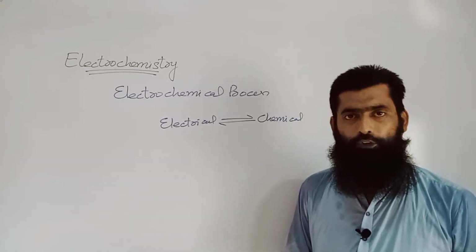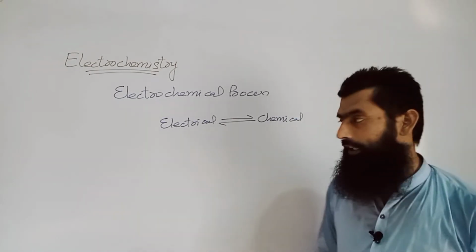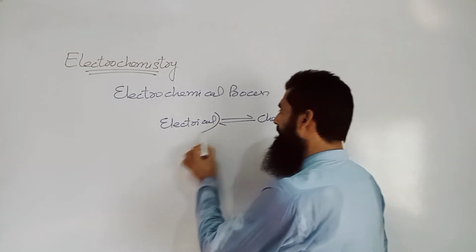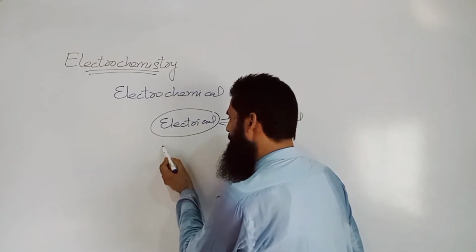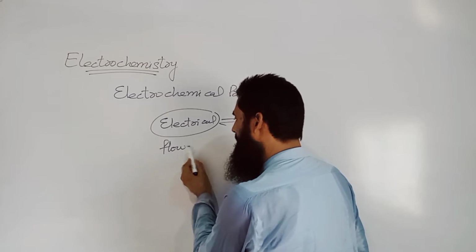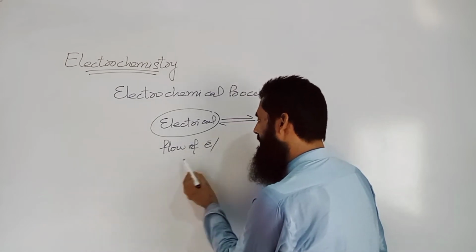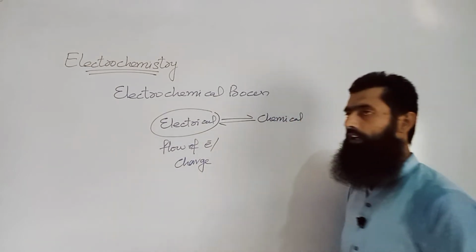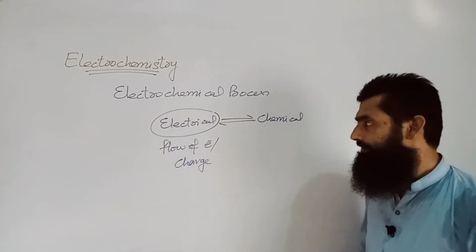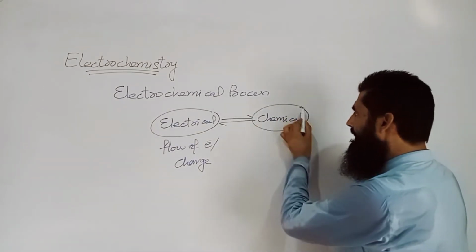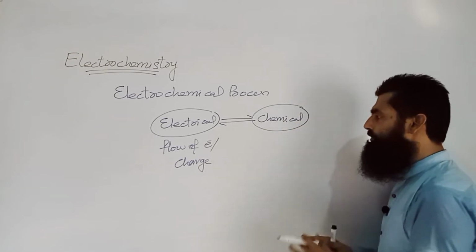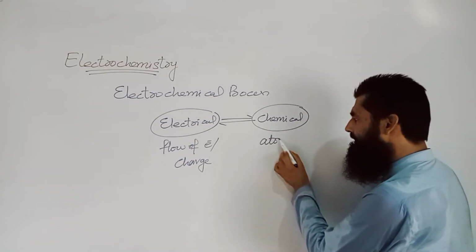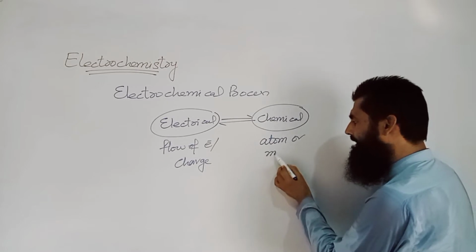Just as a soft reminder, we must recall that electrical energy is due to the flow of electrons or charges. Charges mean positive and negative ions. Whereas chemical energy is the energy which holds atoms or molecules together.